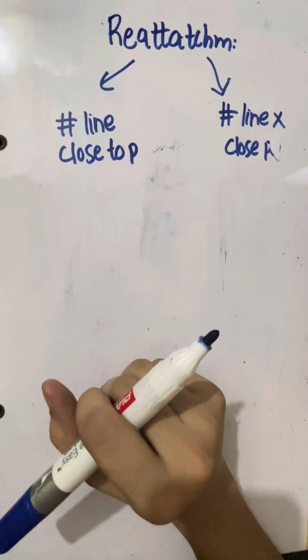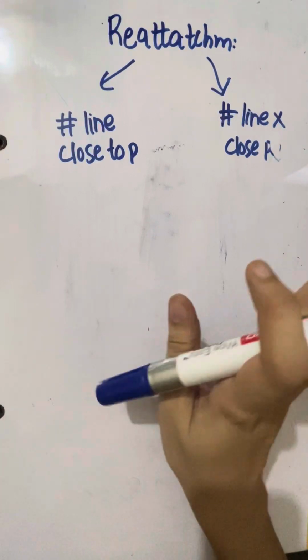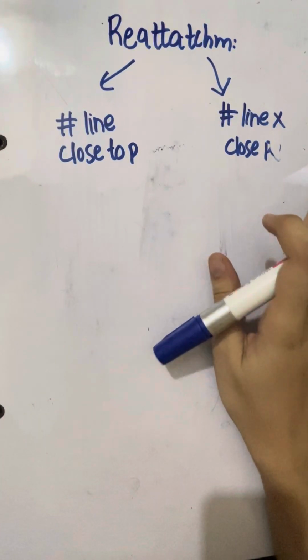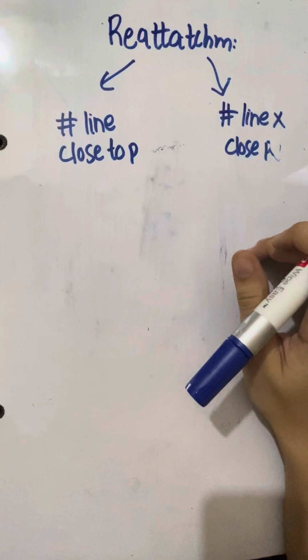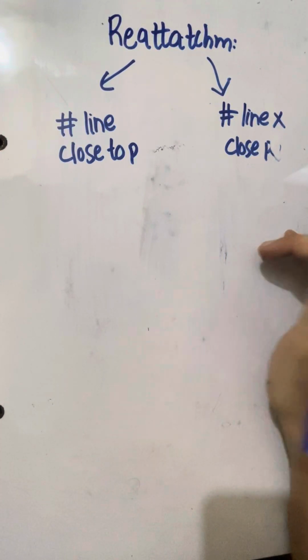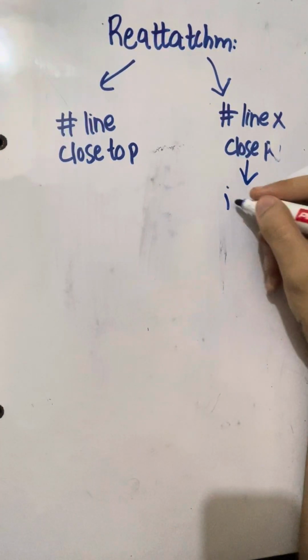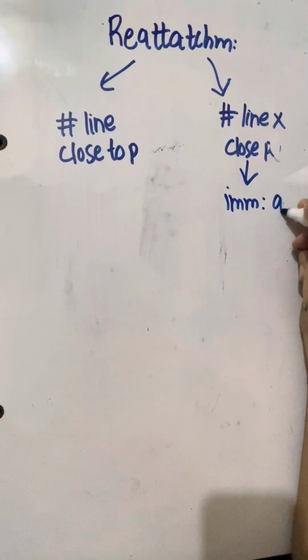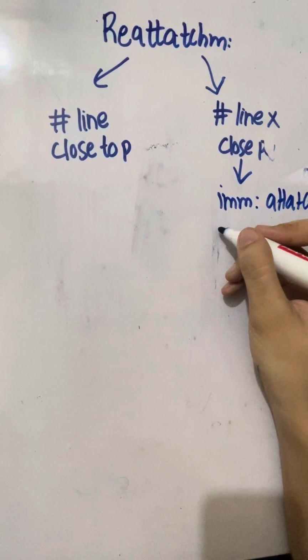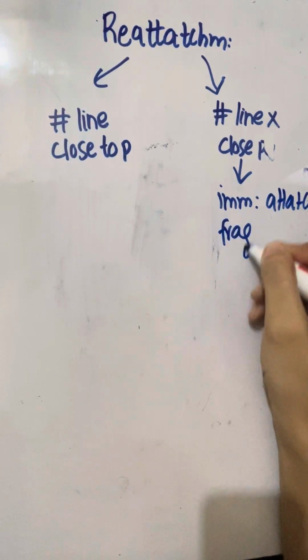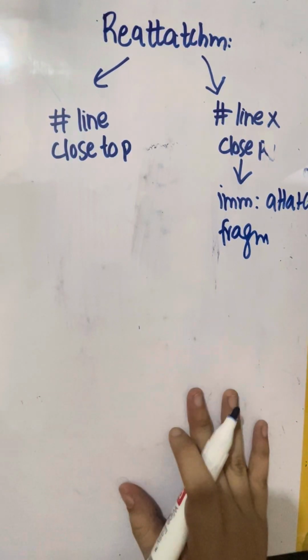First we will discuss not close to the pulp. If the fracture line is not close to the pulp, what will we do? We will just immediately attach the fragment.